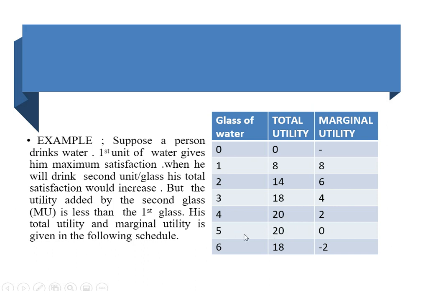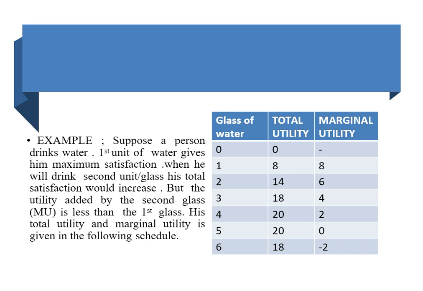When he uses the fifth glass, his total utility is 20 and his marginal utility is 0, because 20 minus 20 equals 0. So at this point his total utility is at its maximum point, and if he still continues to use this good, after this point his utility will become negative.